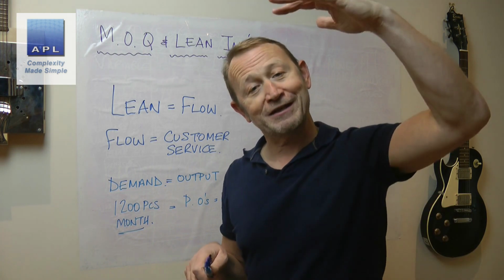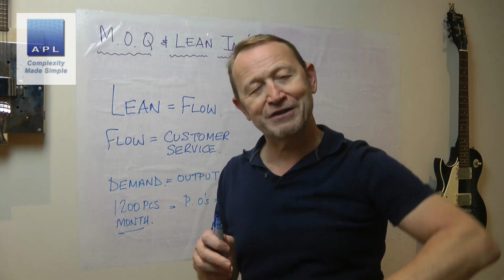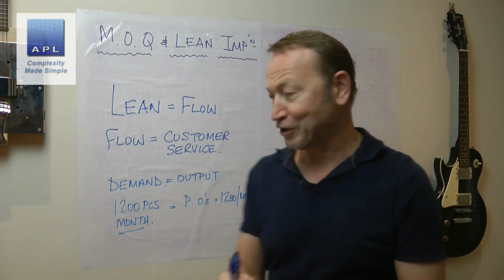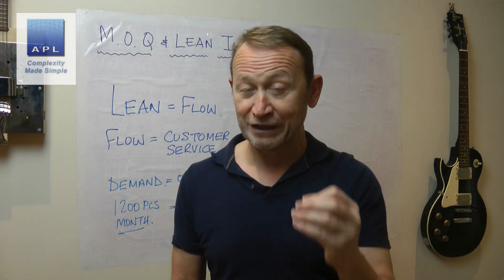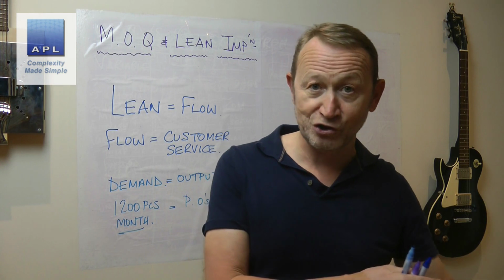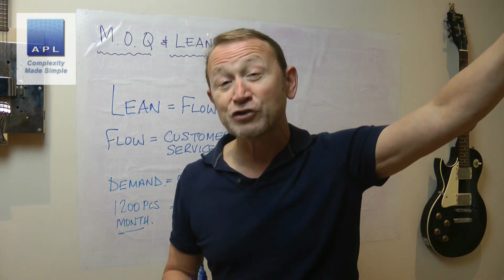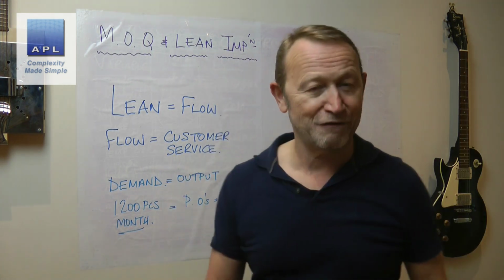So of course sometimes they take a little bit more, sometimes they take a little bit less, and your stock is doing this. It's the shock absorber, but it isn't what services the customer. If these two don't match one another really well, you'll either stock out or you'll overstock. Your factory will be full of stock. Do you have off-site warehousing by any chance? That's a sign that you don't have flow.